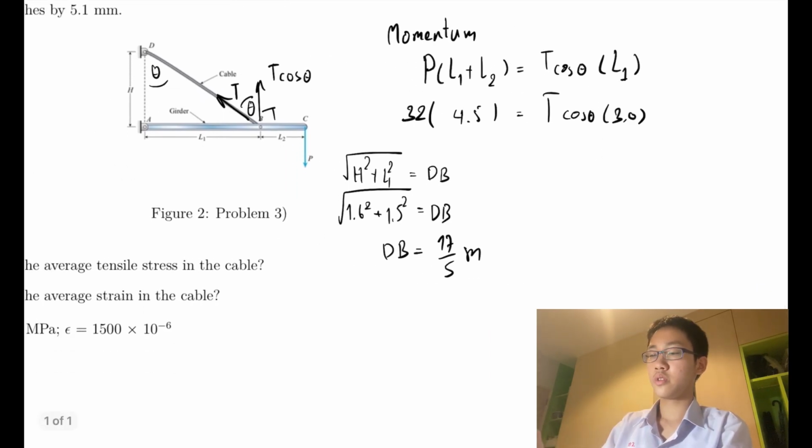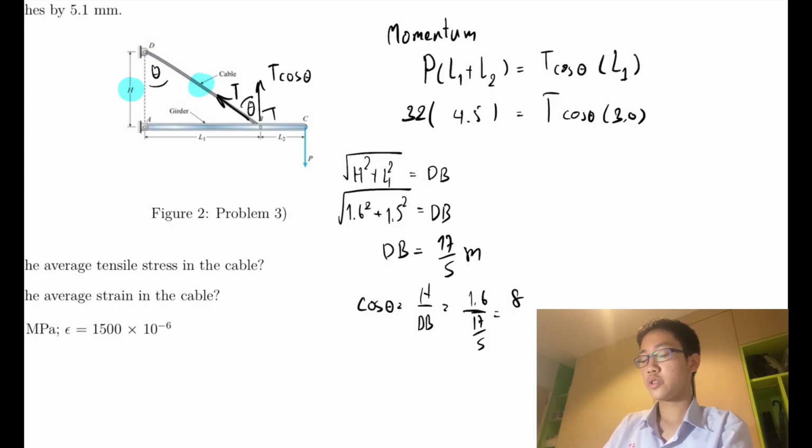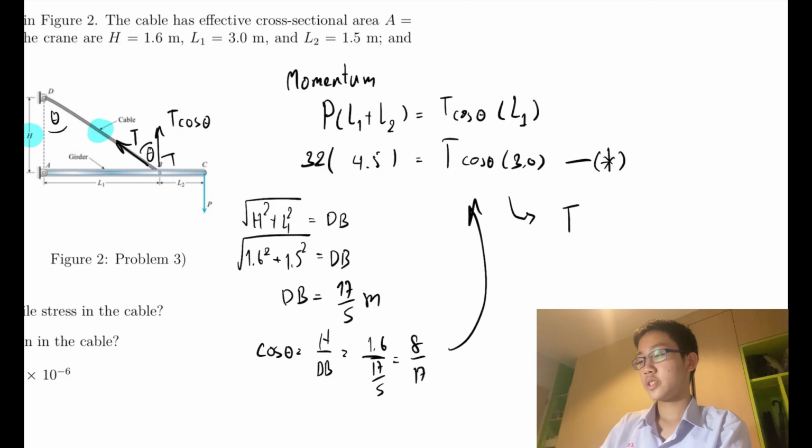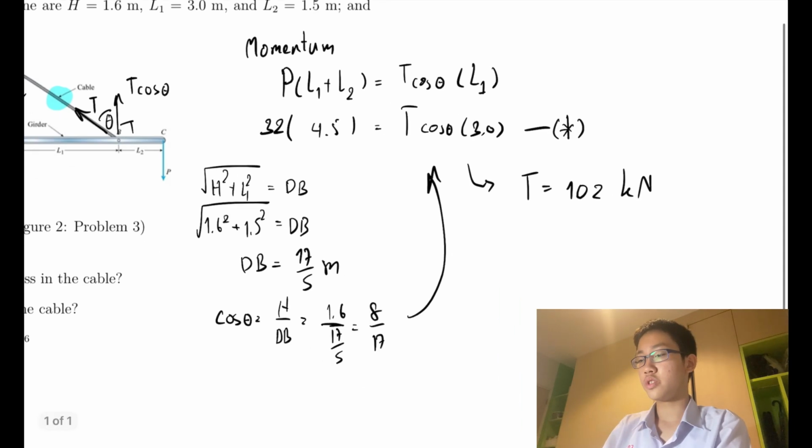After that, we know cos theta is H by dB, equal to 1.6 by 17/5, equal to 8/17. Substituting the cos theta into this equation, we find that T is equal to 102 kilonewton.